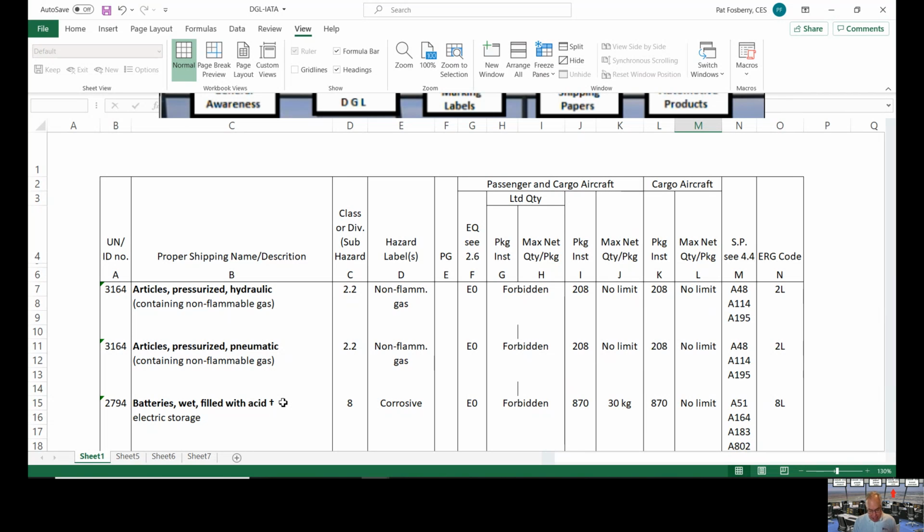And this is contained in Appendix A. With IATA, it has all of their appendices towards the back of the book. And when you go there in the book, it starts with your glossaries, and then your abbreviations, and then it has your hazardous substances, who your competent authorities are.